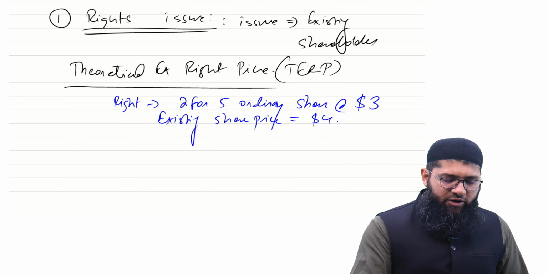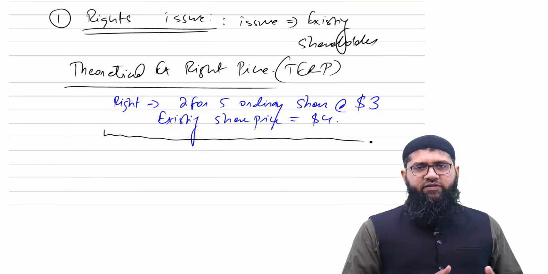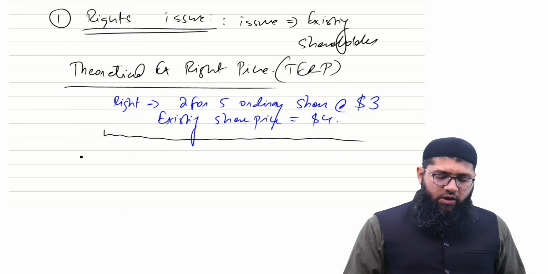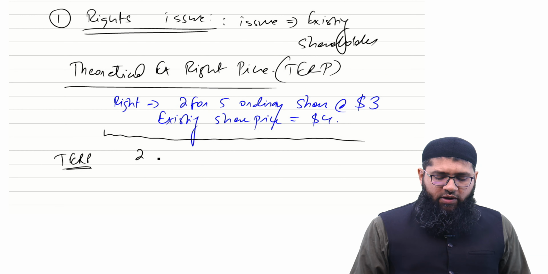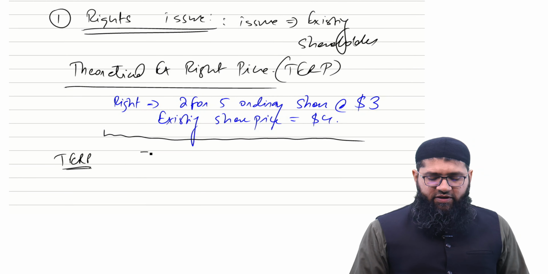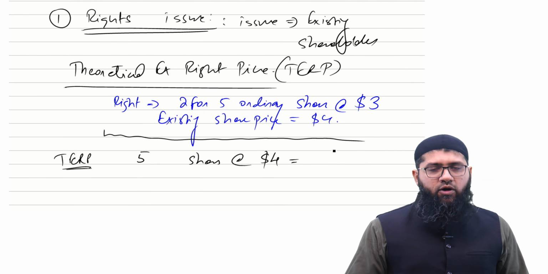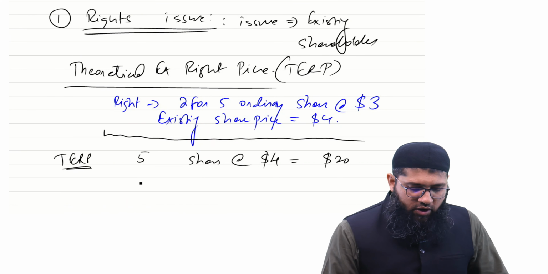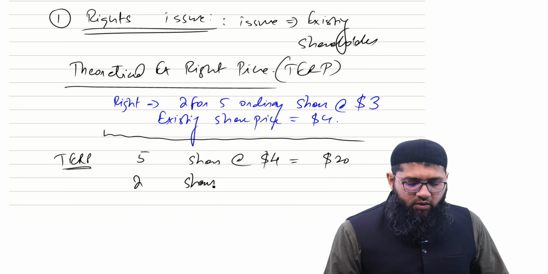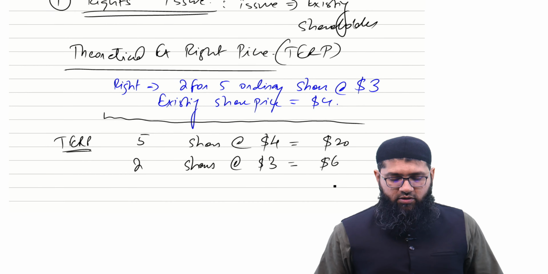Let's try to understand this. The theoretical ex-rights price is calculated like this. You have 5 shares currently as an investor, and each share is worth $4, so this is $20. Then you get 2 shares, and each share is worth $3, so this is $6.